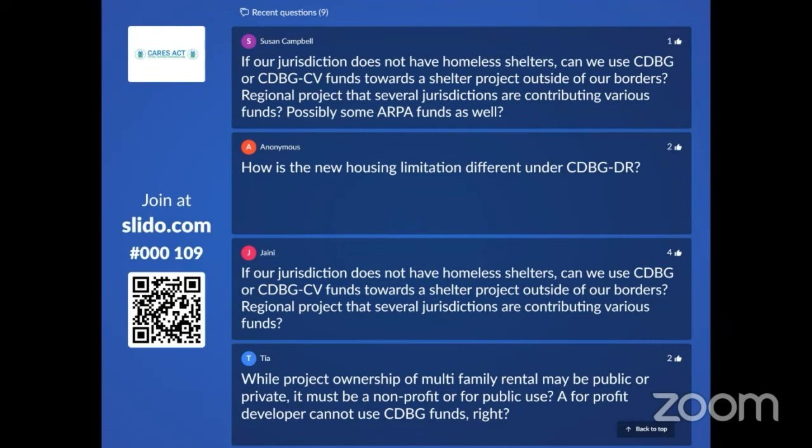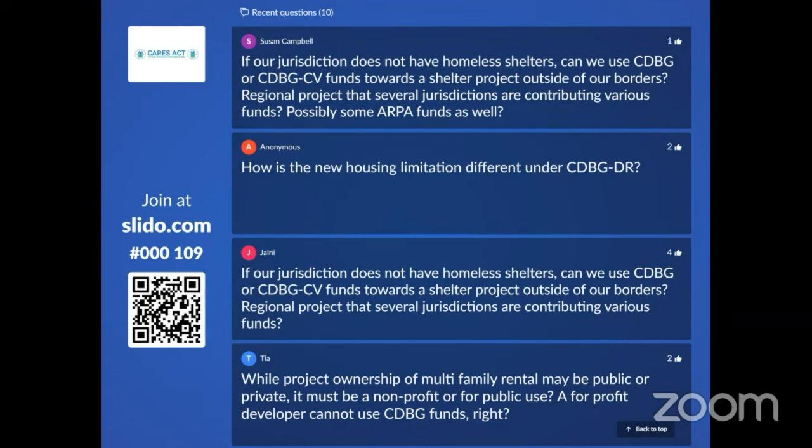It's complicated to explain, but I'm going to try to do it quickly. They can use CDBG, each contributing money in proportion to the number of residents it will benefit. It doesn't have to be 50-50, it can be something else.